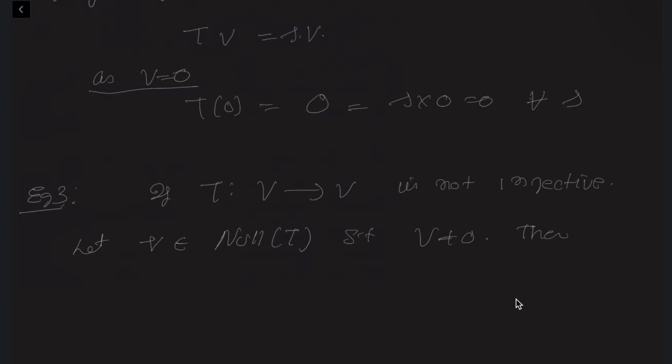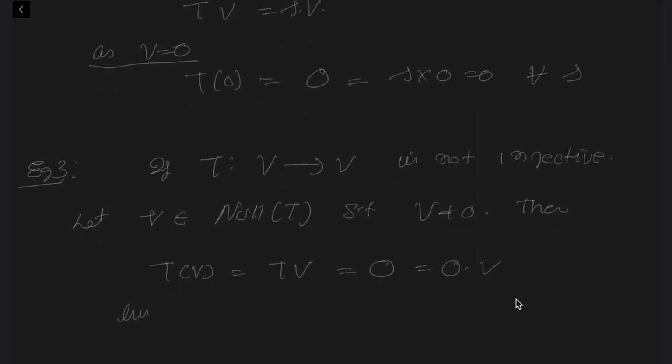Then you see that T of v is what? 0. Since v is in the null space of T, T of v equals 0. This I can write as 0 times v. Now this is true for all v belonging to the null space of T. What does it imply?